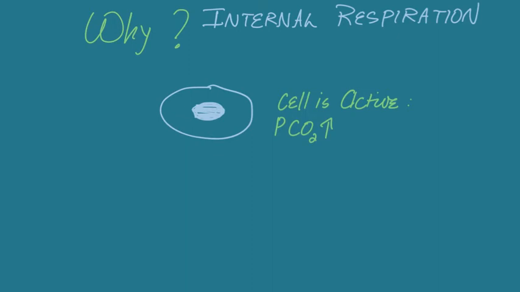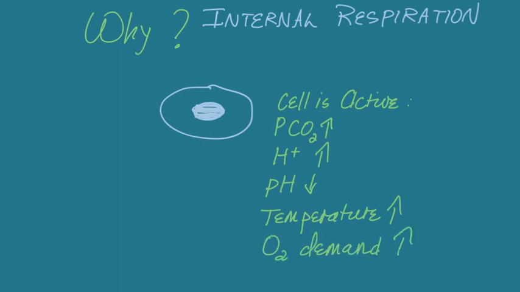We know that when carbon dioxide mixes with water, it becomes an acid and so releases more hydrogen ions. When there are more free hydrogen ions, we know that the tissue is acidic, so the pH goes down. Another thing that happens is that cells that are active tend to be warmer, so the temperature is higher. All of these factors are indicators that the oxygen demand of this tissue or cell is high.